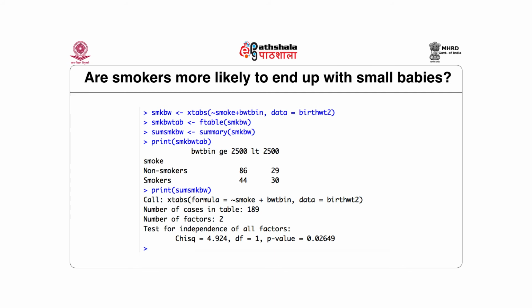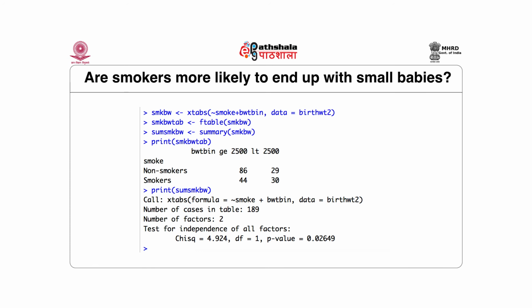I could also have saved it as a matrix and then put it out, but I think this is a much better and neater way in which it puts out the products of your cross tabulation, and you can see that the smoke WBW object now gets put out in a rectangular format.